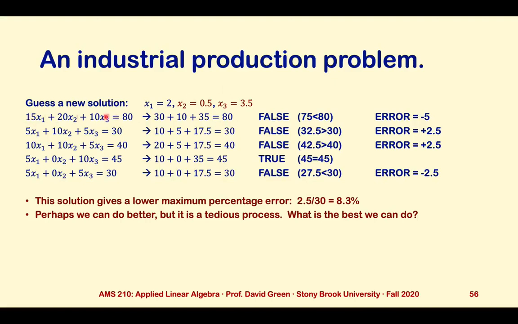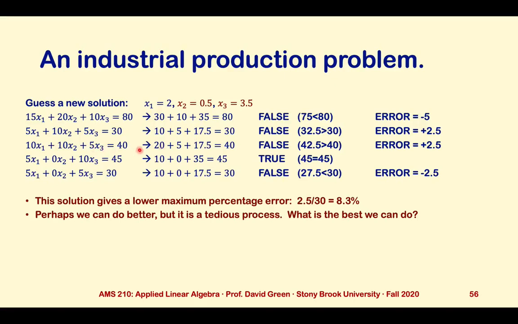The first equation ends up now giving us 75 on the left-hand side and 80 on the right, an error of 5 again. The second equation has its error reduced. The left-hand side now gives us 32.5 compared to 30, so an error of 2.5.